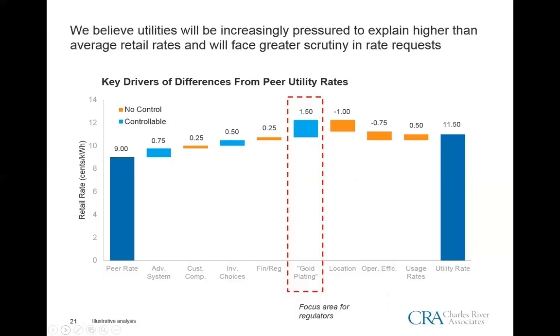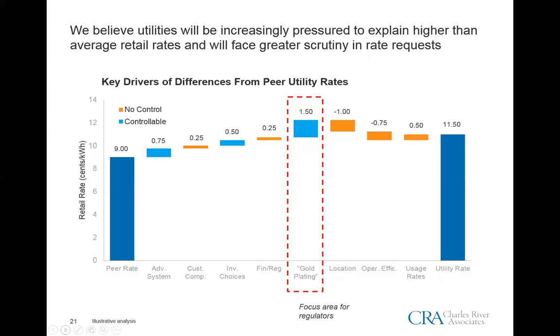And there are many drivers that can explain this difference, of course, based on the status of the system, the composition of customers, whether there's a large industrial base or not, what type of investment choices have been made, what the location and the demand patterns and the weather in the service territory might be. But what we've pointed out here in the middle is what type of gold plating might have been done.